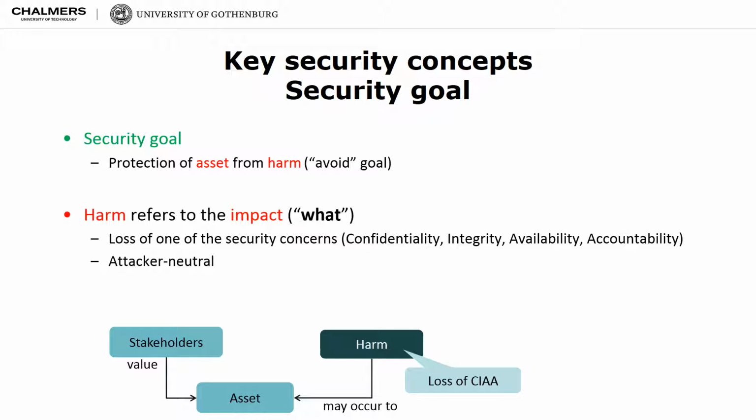And most importantly, the impact is categorized in terms of losing one of the security sub-concerns of confidentiality, integrity, availability, and accountability, which we will cover thoroughly in a few slides. In this sense, a security goal is attacker neutral because it refers to the effect, to the loss of value to an asset because of a compromise of a certain asset.